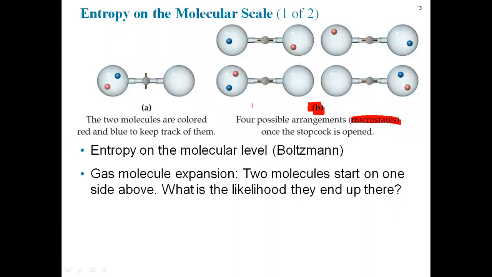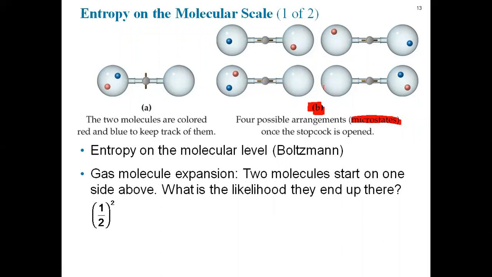Then what is the possibility for both of them on the left side? Statistically, you take the chance for each of them on the left side, which is 1/2, and then multiply by 1/2 again. So for both of them simultaneously on the left side, you have 1/2 times 1/2.